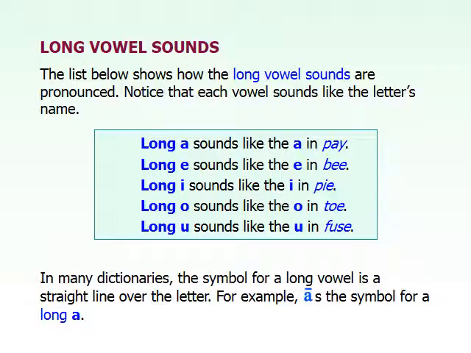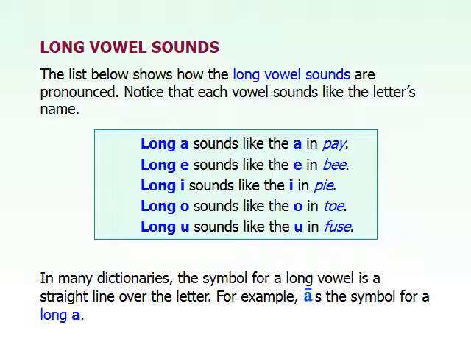So moving on to long vowels. A long vowel is called a long vowel because when you say it, it sounds a little bit longer than the short vowels. The way that we learn this when we're going to school is that a long vowel sounds like the letter's name. For example, long A sounds like the letter A, as in pay.